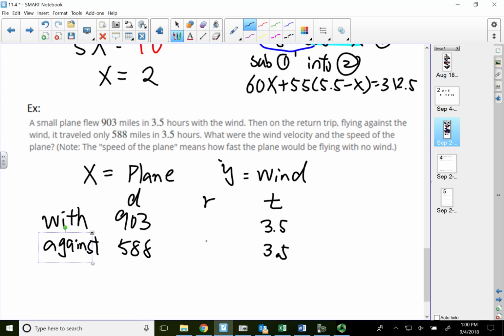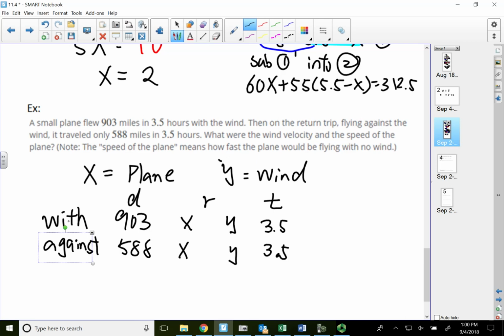So what's the speed for the plane? Well, I've got the speed of the plane and the wind speed. Normally you don't want the wind to control your plane because that means turbulence, which is not good. So the speed of the plane always goes first. The speed of the wind goes second.